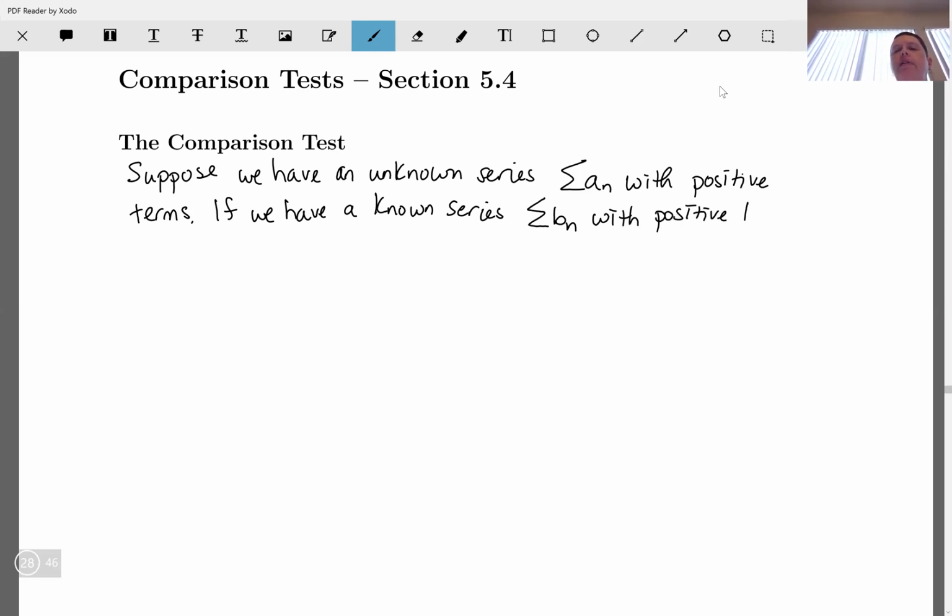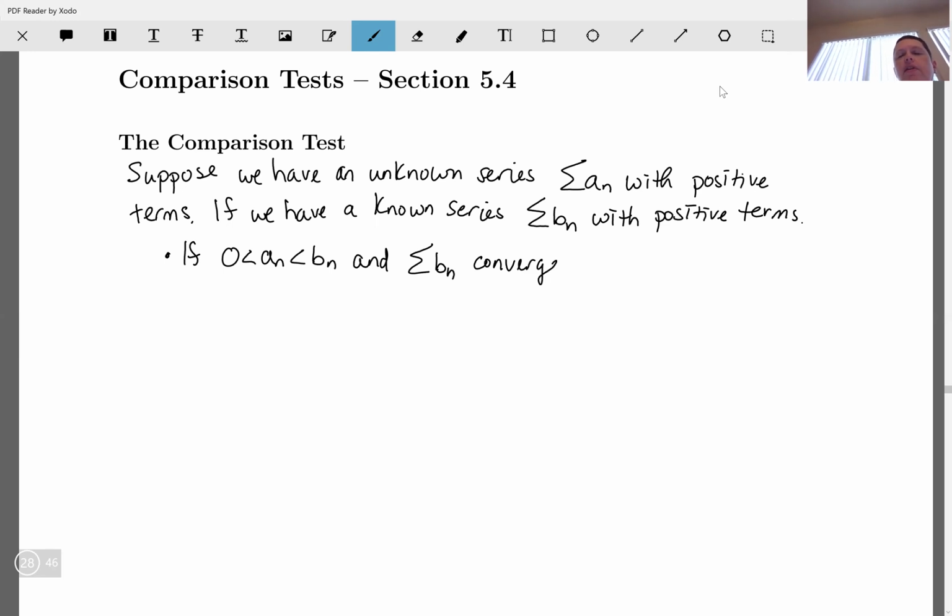And here's how the test works. If all the terms a sub n are smaller than the b sub n's, and we know that my series with b sub n converges, then I know that my series with the a sub n terms also converges.